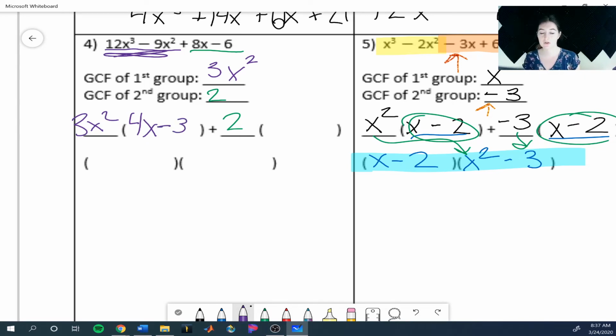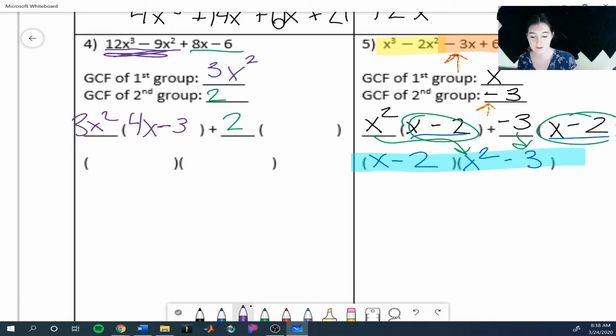Why do you think it's going to be a negative? If you said because it's a negative 9 or there's already a negative, you are correct. Now, x squared divided by x squared, perfect. It goes away, so I have 4x minus 3.